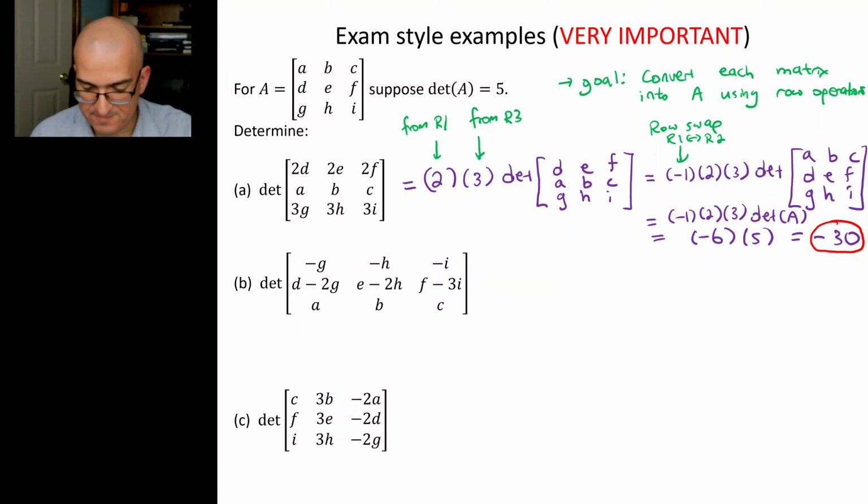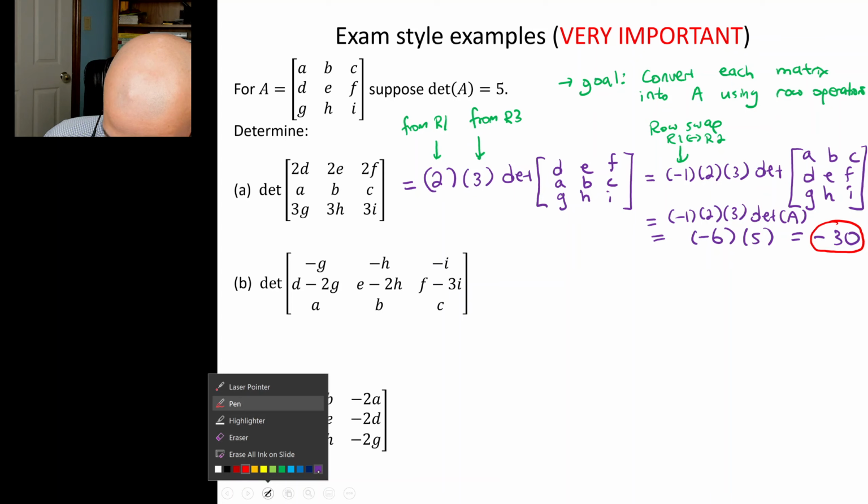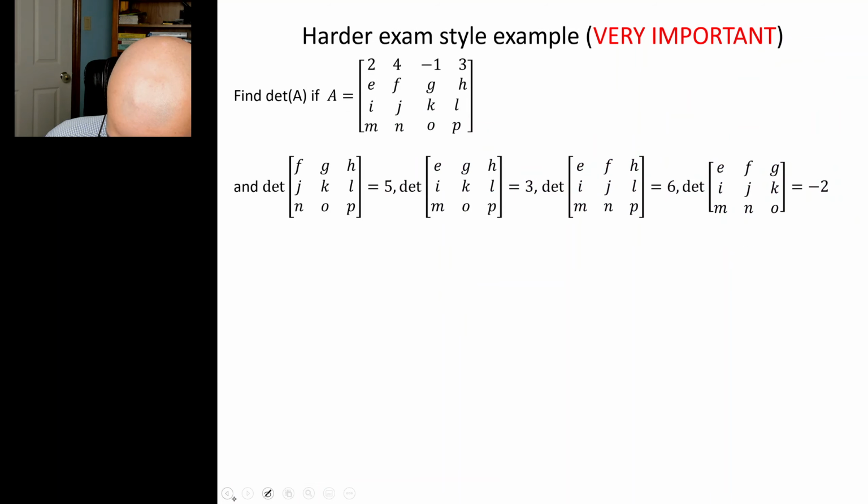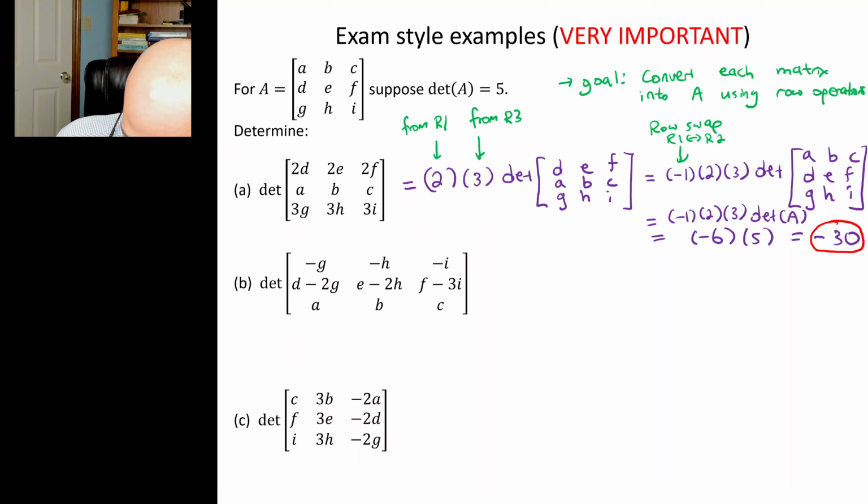Okay, the next one. I want to get rid of that minus sign. That minus sign is bothering me quite a bit, so I'm going to factor a negative out of that row. So equals -1 times the determinant of G, H, I, D minus 2G.